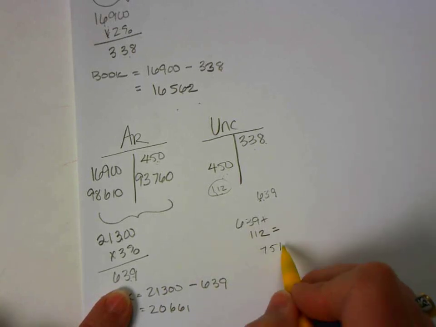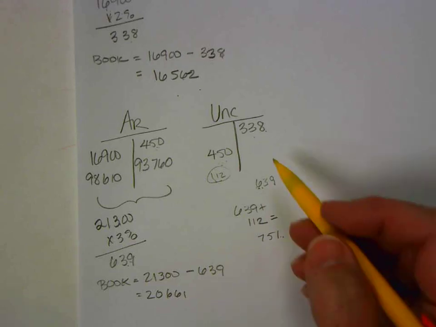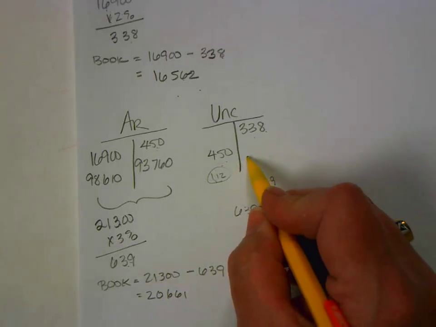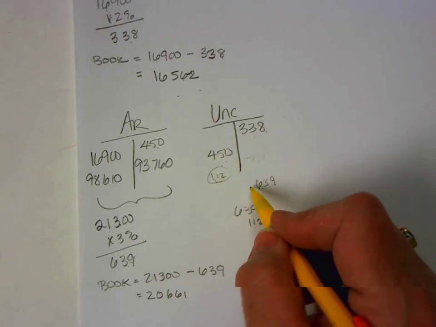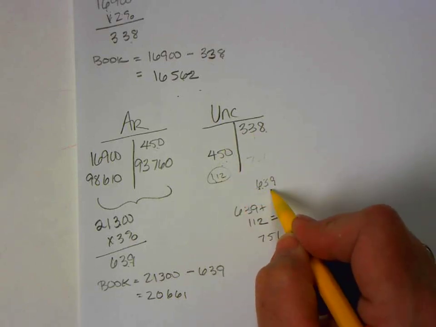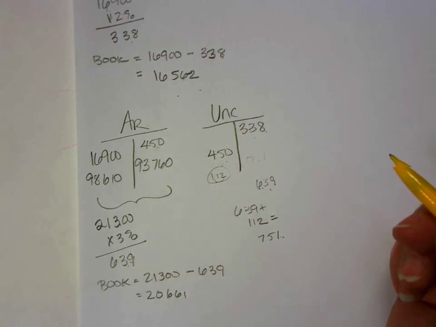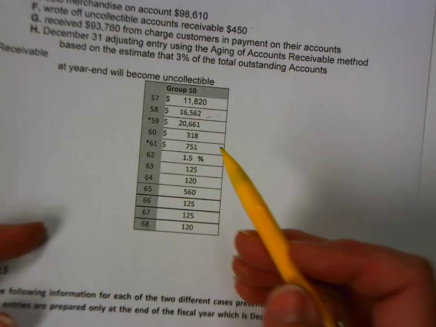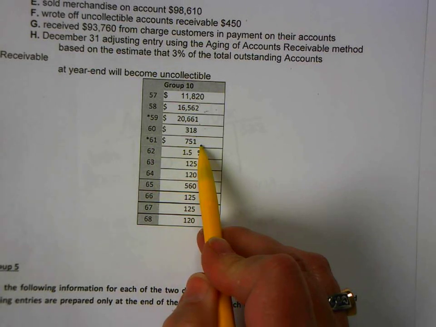So we're going to have to create the entry to basically add 751 to this side, and then when you do all the math, it'll end up being 639 because this was a negative balance. Okay, and that gives us the answer to number 61. Right, so that's in your uncollectible packet.